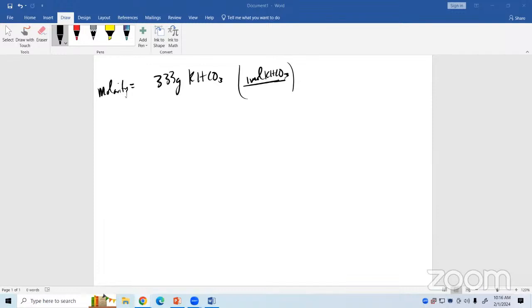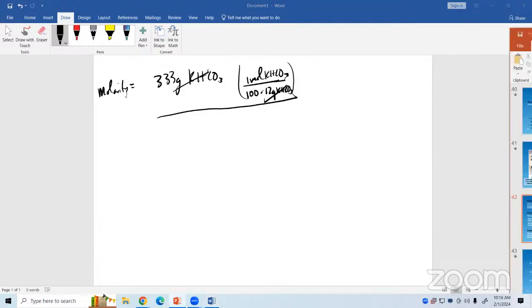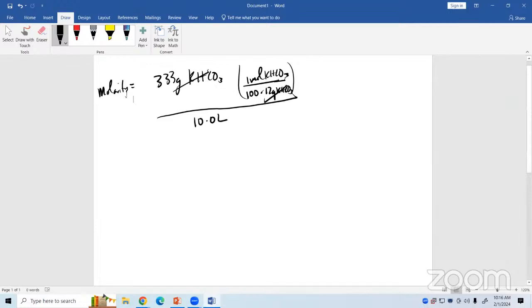According to my calculations, the molar mass of potassium hydrogen carbonate is 100.12 grams KHCO3. Once we get the moles, we divide it by the volume, which according to the question is 10.0 liters. So 10.0 liters will go down here. Your final answer will be expressed in terms of moles per liter, which is the same thing as M.